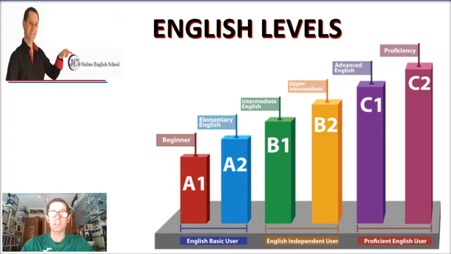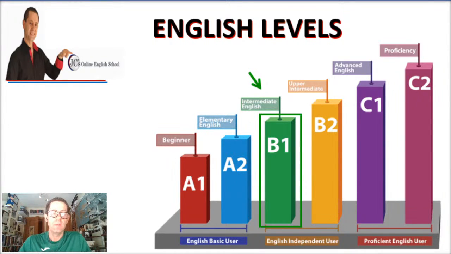I am not teaching the C2 level yet, because there are not enough people interested in that one. Today is Wednesday, so we're going to concentrate on level B1, which is intermediate. Remember, on this level, and levels B2 and C1, I do not speak in Spanish. I speak slowly in English, or I try, but no Spanish words.